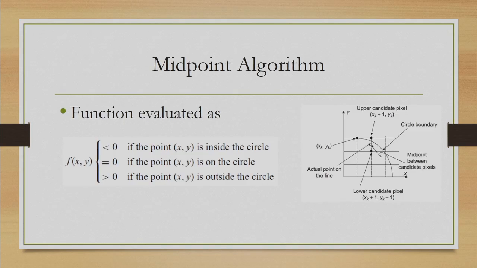Now, this function we can evaluate as shown here, that is f x y is less than 0 if the point x y is inside the circle, it is 0 if it is on the circle, and it will be greater than 0 if the point is outside the circle. This we know from geometry.